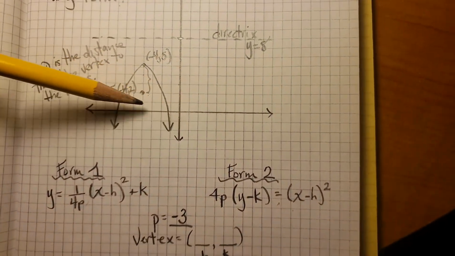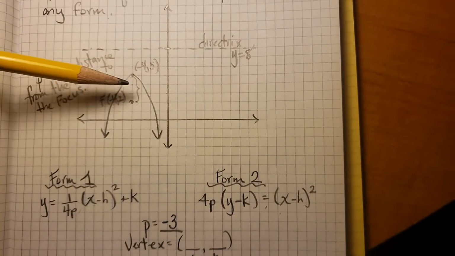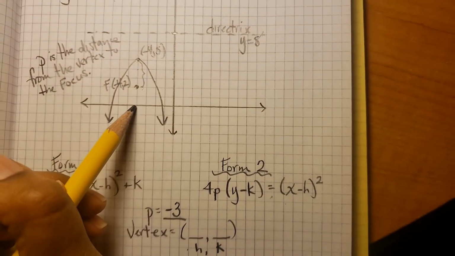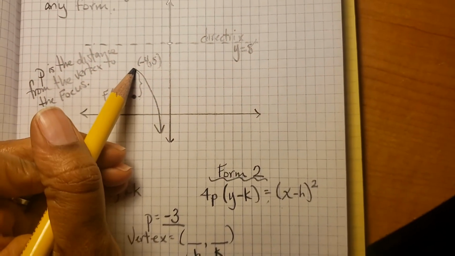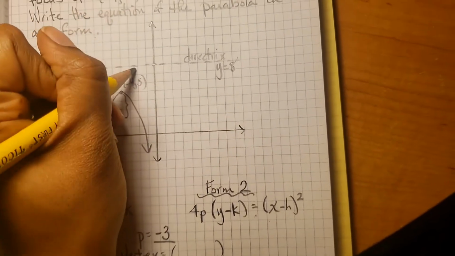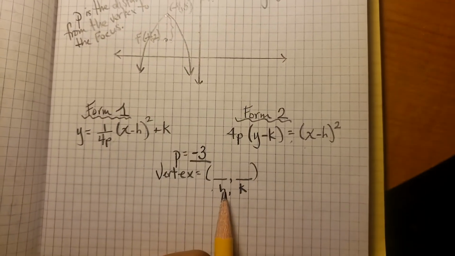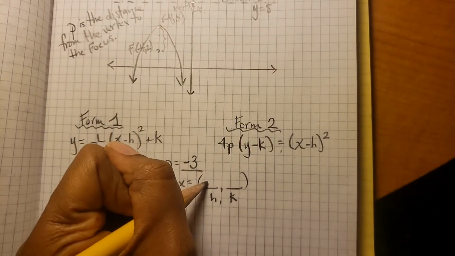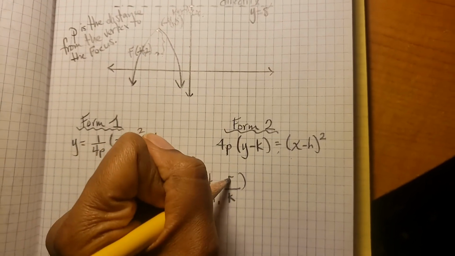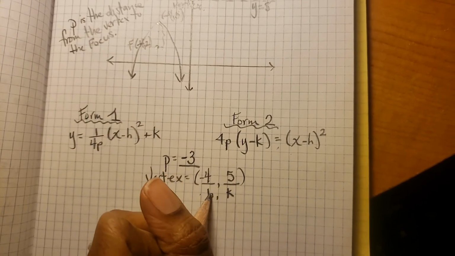But this way, I think, is much more obvious. Okay? Go over to -4, up 5 units. There's your vertex. So, my vertex is -4, 5. That gives me my H and the K.